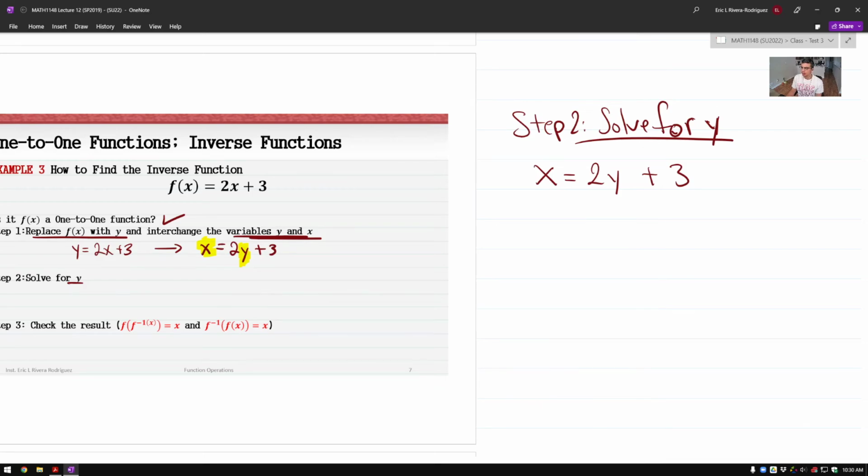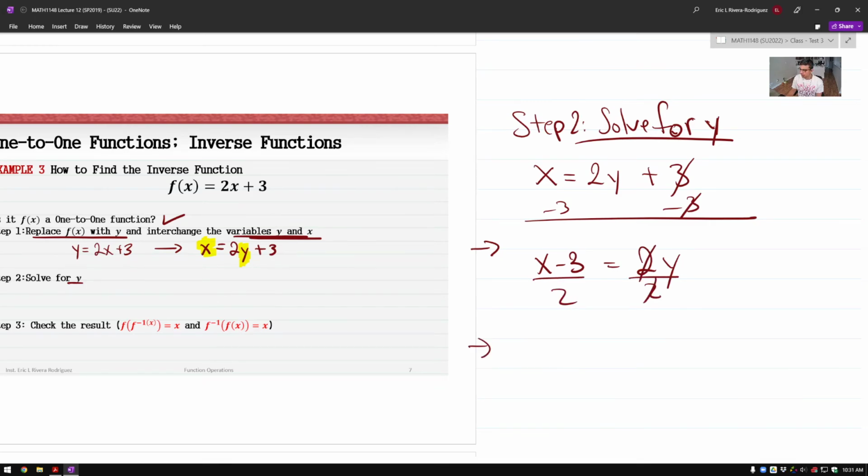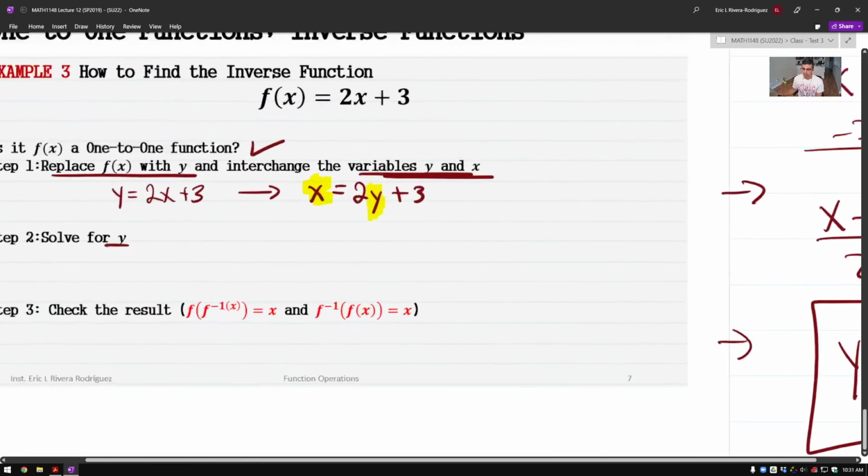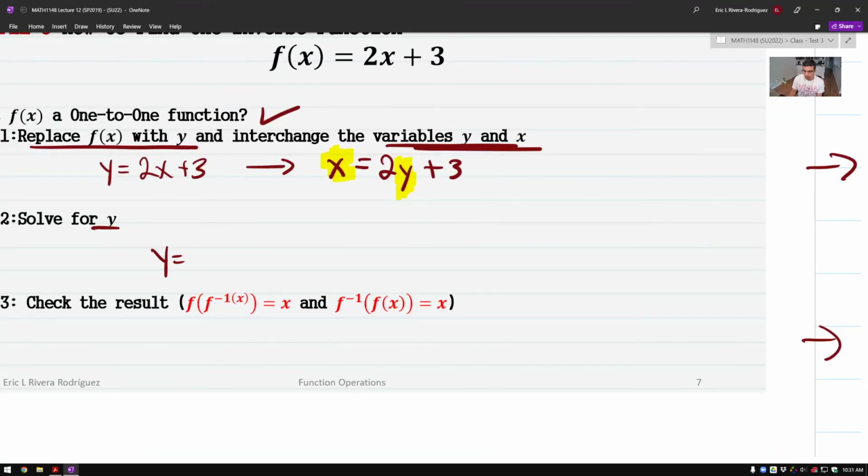That means that we need to isolate y. So we subtract 3 from both sides first, and we get x minus 3 equals 2y, and then we divide both sides by 2, and then we get y equals x minus 3 over 2. So y equals x minus 3 over 2.